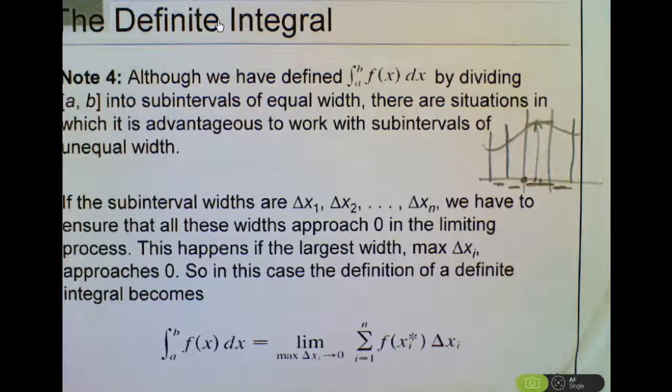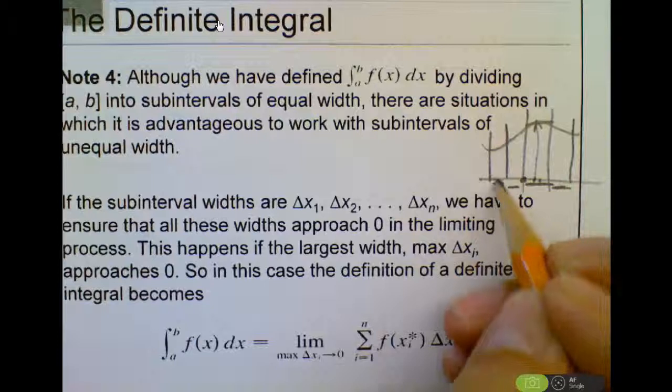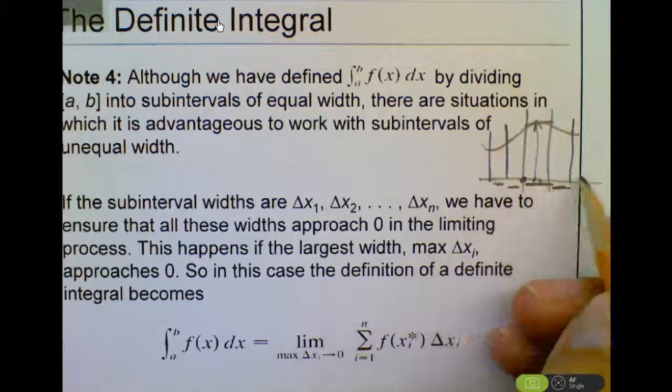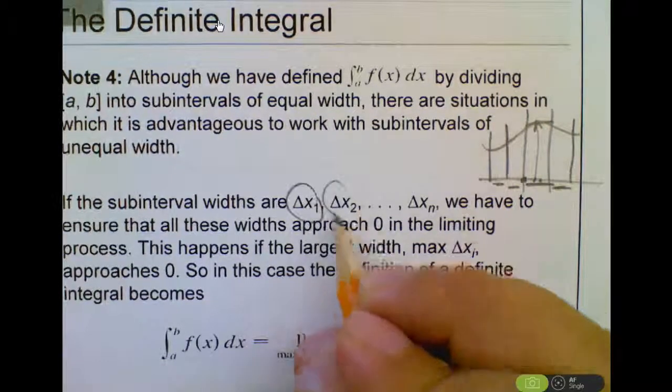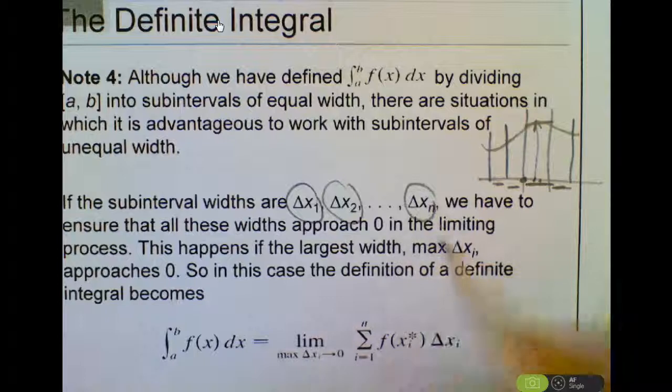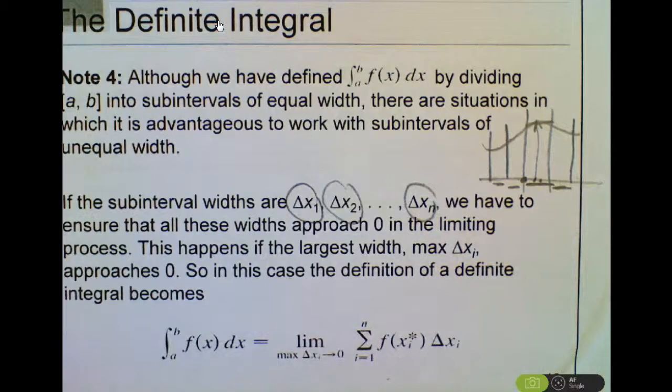So if we're using different length, or different width for the rectangles, we may have as many different intervals as we want.